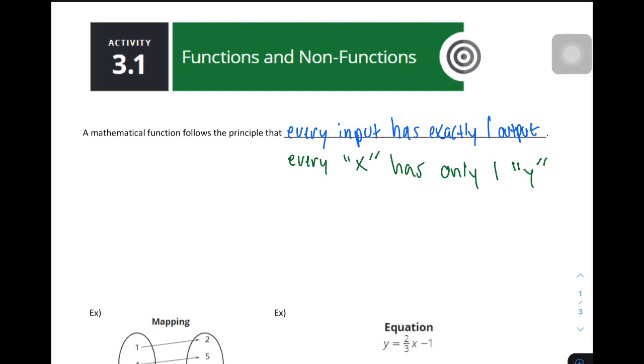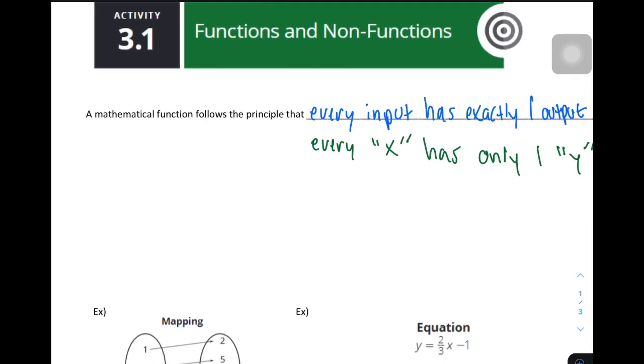I like to use a simile when talking about functions. So I think functions are kind of like cell phone numbers. Let's say I have a cell phone number. I'm not actually going to put that on here, but let's say my cell phone number was 1, 2, 3, 4, 5, 6, 7.